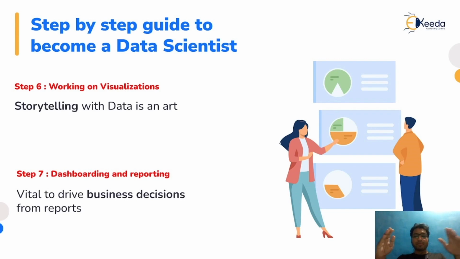Let's say you are working on a data science use case at a big organization, as a data scientist, okay. I'm assuming that you are proficient in whatever we have seen till step 5. After that you are able to see what patterns are there in our data, what numbers are coming.